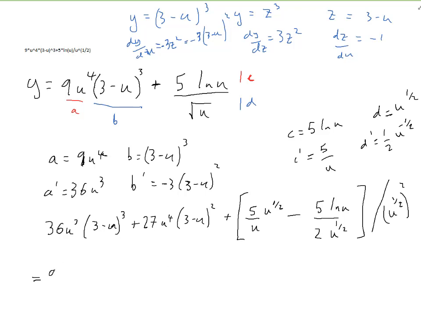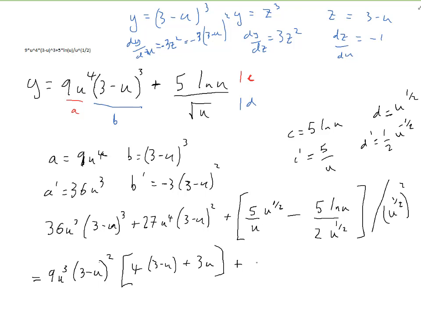So this first part you could take a 9 and u cubed, and 3 minus u to the power of 2 from that. So in the bracket you'd be left with 4 lots of 3 minus u plus 3 lots of u. So that sort of makes sense to do. And then this part here, just divide everything by u.